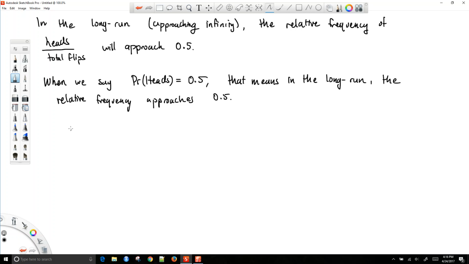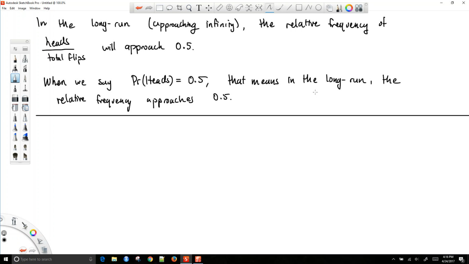So so far we've talked about there are two types of probability. Okay, and one is the theoretical probability.